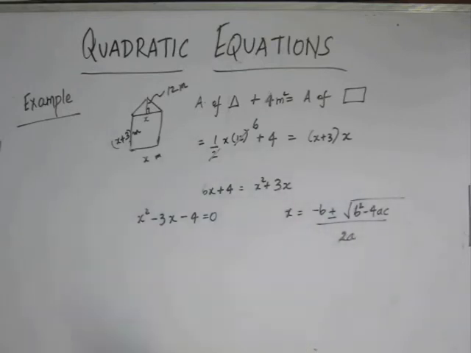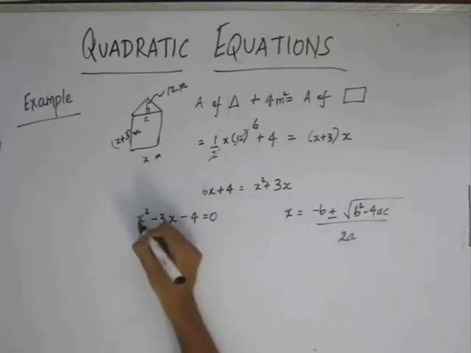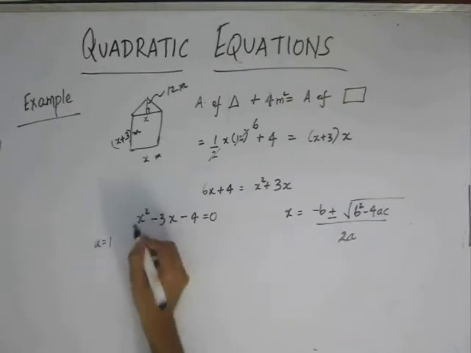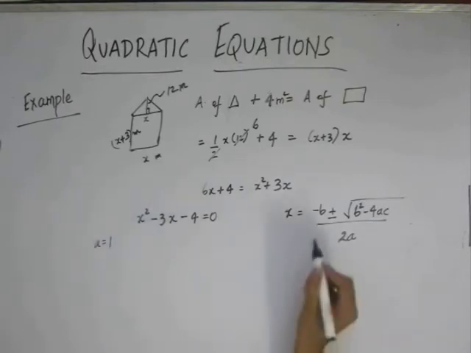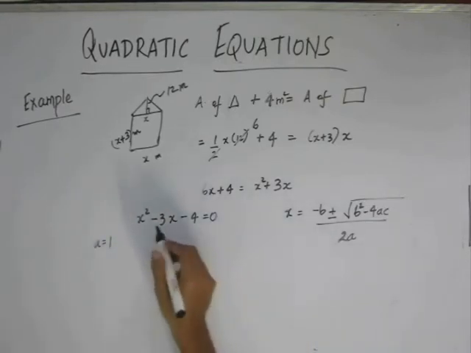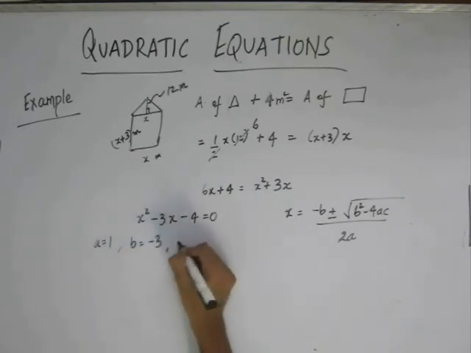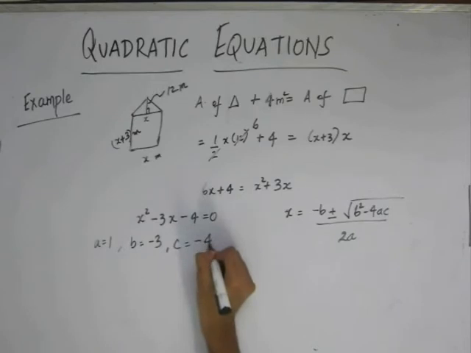Now given this quadratic equation, we should be able to determine what values of a, b and c exist for this equation. So in this case, a is equal to 1, which is the coefficient of x square. b is the coefficient of x, which in this case is minus 3, and c, which is the constant term, is minus 4 in this case.